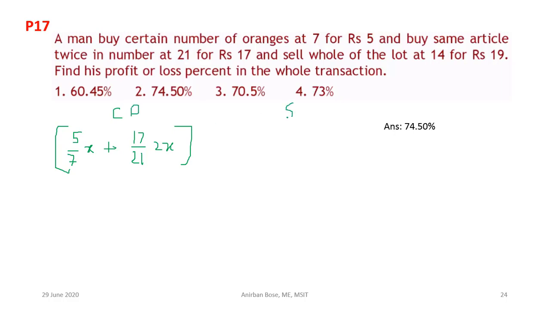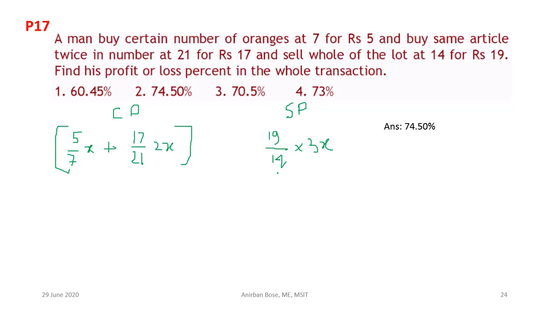What was the selling price? The selling price was 19 for 14, so for each one, and how many he has sold, that is 3x, right? So this is the selling price. Now since you do not know this number, you just consider this number is a multiple of these quantities like 7, 21, 14, so that it can easily be divisible by them.